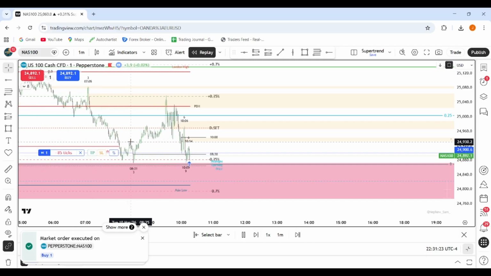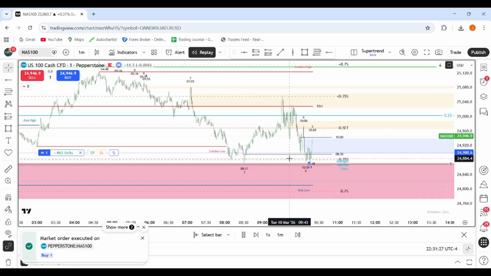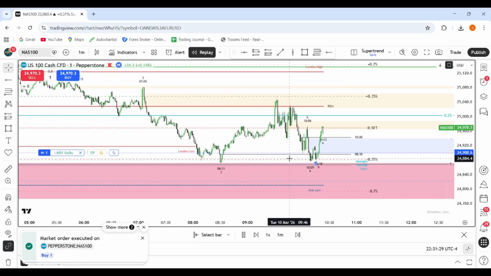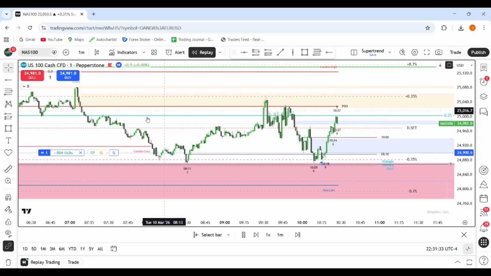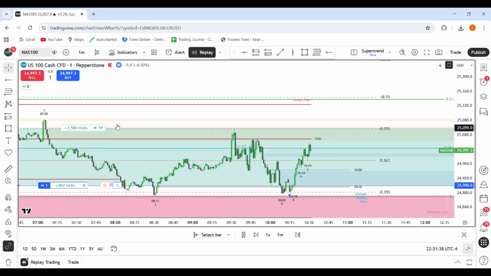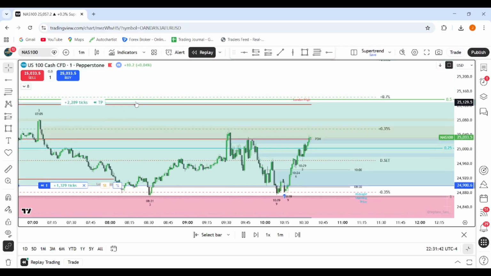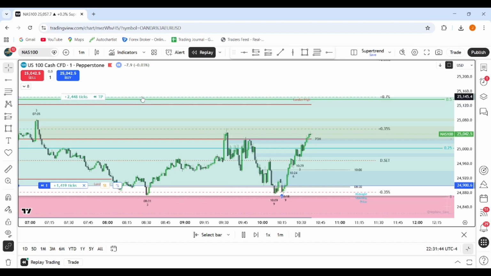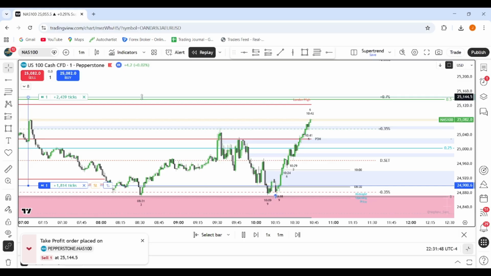And buy there and ride it all the way up to our take profit, which could have been the London high, the 0.5 or the 0.7, sorry.